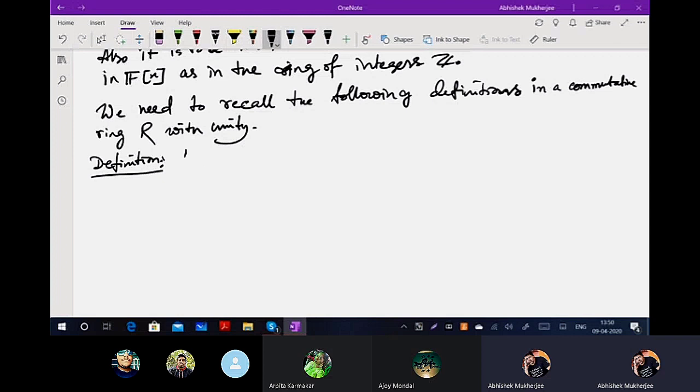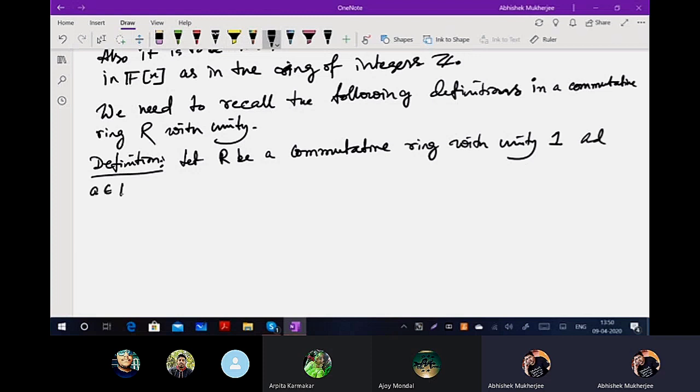So the definition is, let R be a commutative ring with unity 1 and consider an element a of the ring.